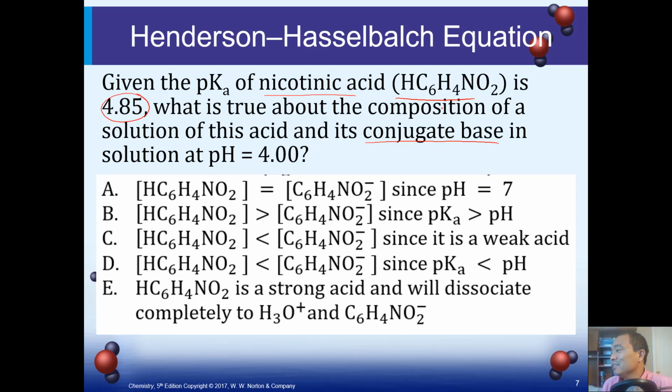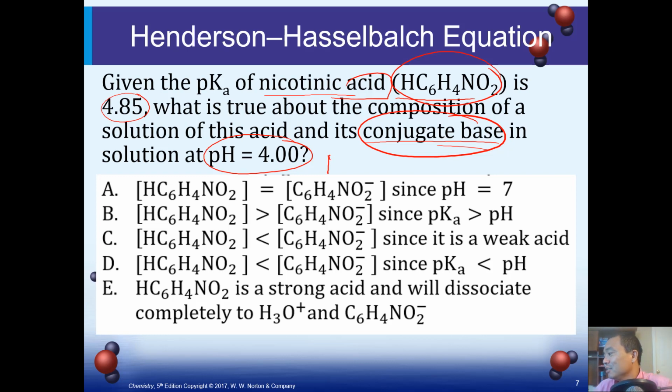In this particular case, if you exist at a pH of 4, you will always have the acid and the conjugate base coexisting. But in what ratio or relative concentration? It would depend on how the pH of the solution compares to the pKa of that acid.